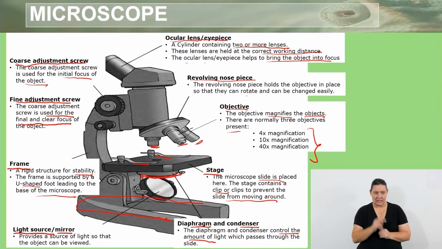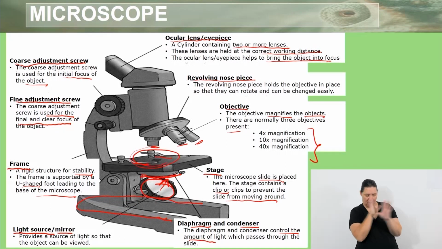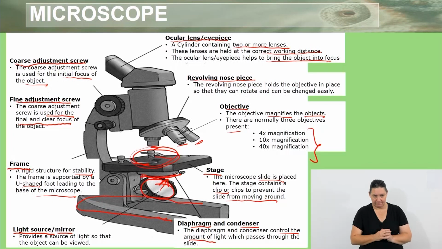So if you can see, this is our mirror over here. So the function of the diaphragm is to minimize the amount of light that enters so that you can be able to have a clear vision of what is happening on the slide or the stage of your microscope. So those are the parts of your microscope and their function.